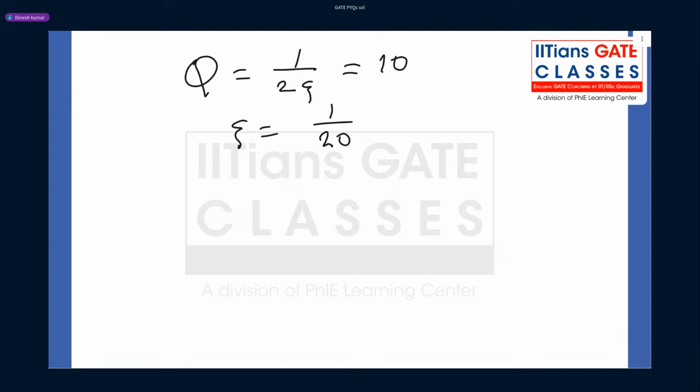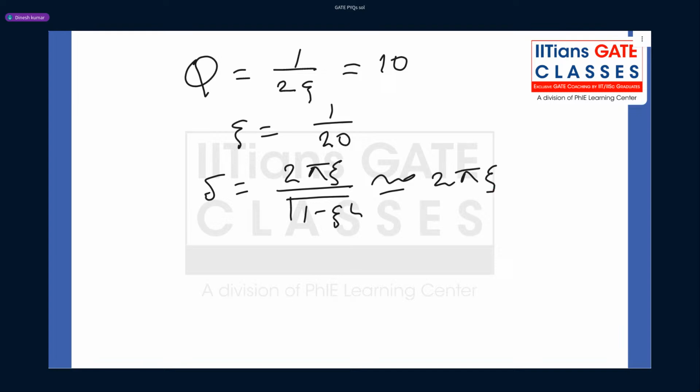Once you know zeta, we know the logarithmic decrement. The logarithmic decrement delta in terms of zeta is given as 2πζ/√(1−ζ²), or approximately it is nothing but 2πζ. Now guys, the zeta value is given. What will be your delta?